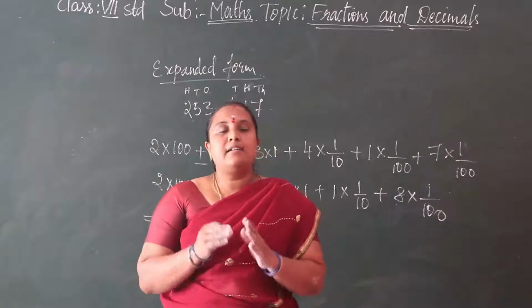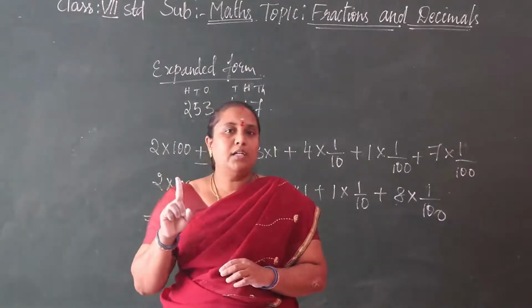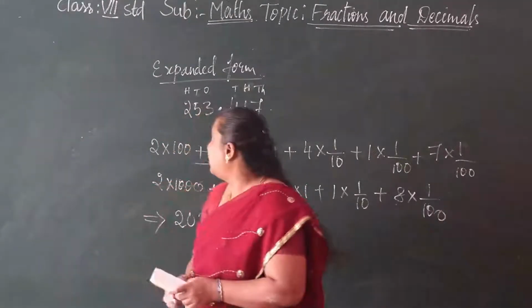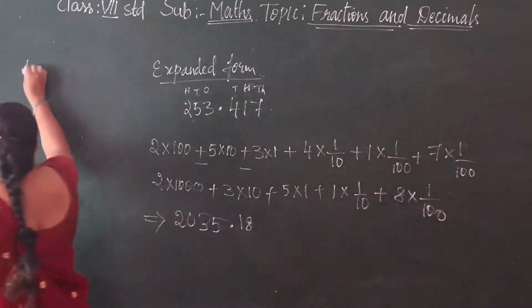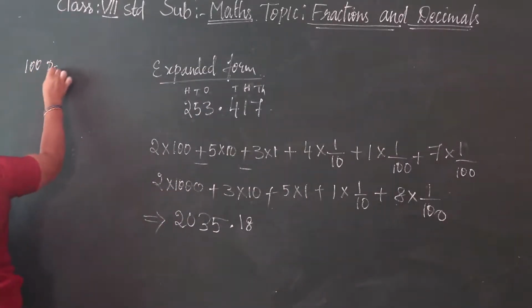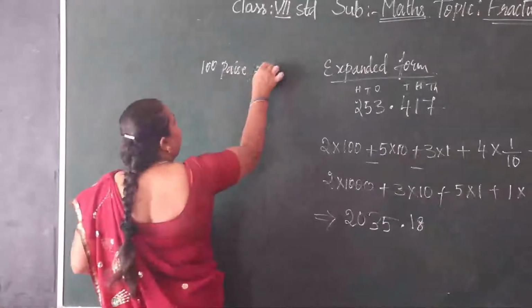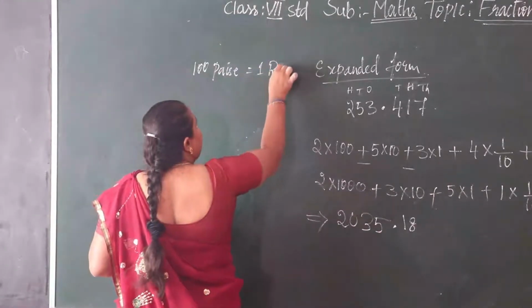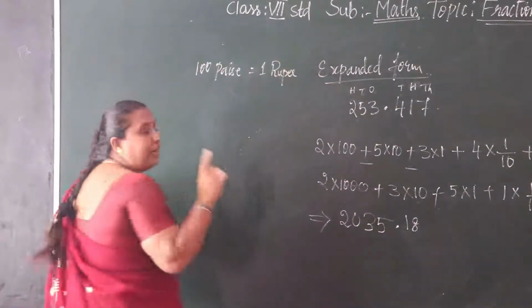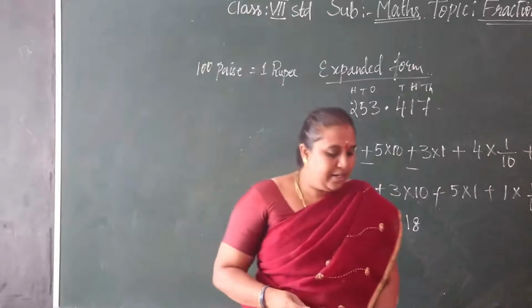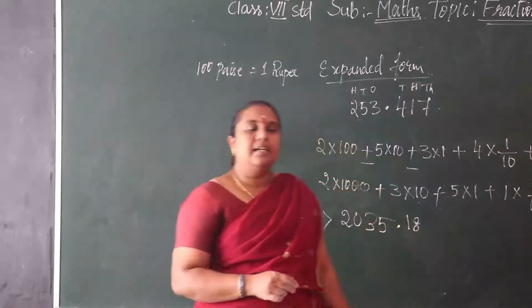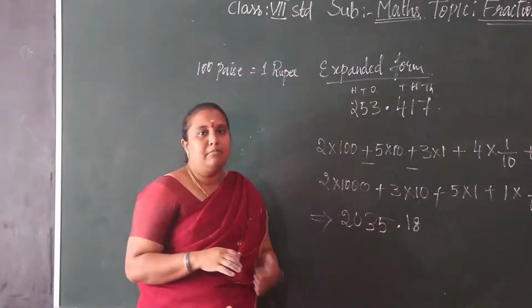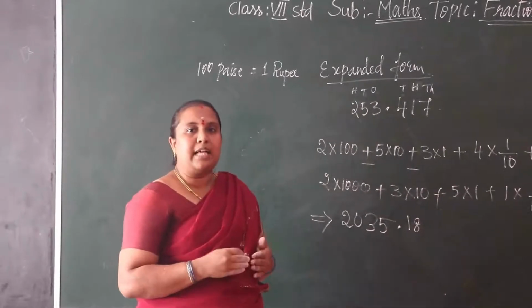That is, 100 paise equals 1 rupee. Okay, these are all things you know. See, 100 paise equals 1 rupee. Is it right, children? So in 1 rupee we have 100 paise. Then we come to the timing part.